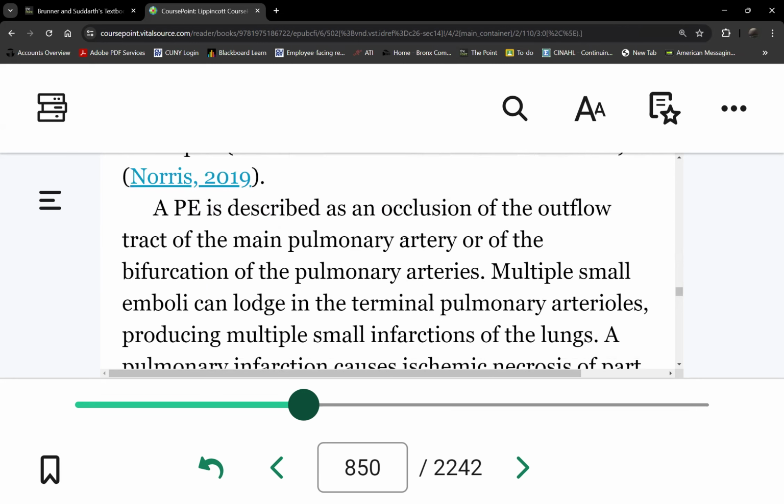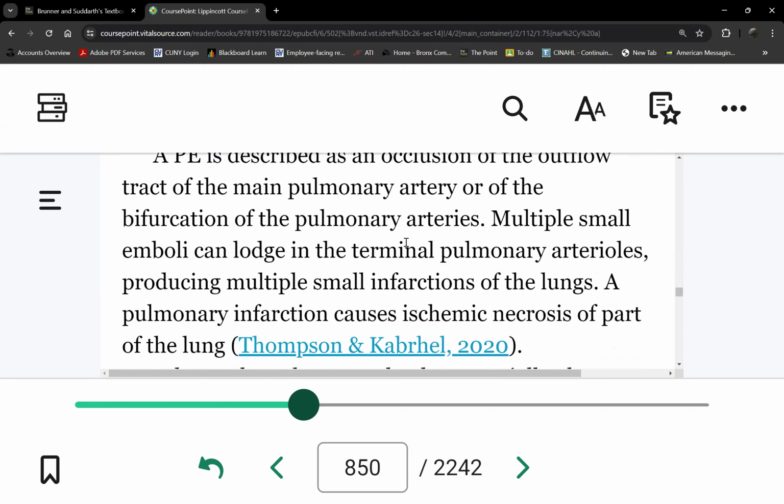Now, imagine your anatomy, why isn't this called pulmonary infarction? Because this is the same clot that causes a stroke or a heart attack, and it's obstructing an artery or multiple arteries. Why is it called pulmonary embolus?